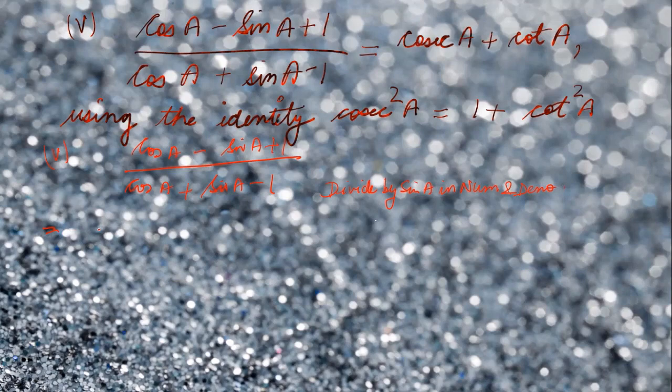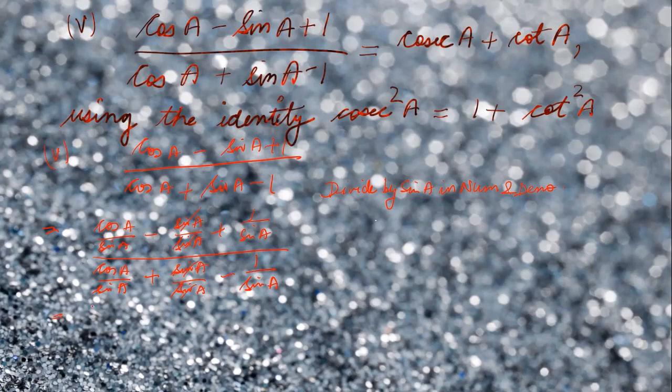So it will be cos A upon sin A minus sin A upon sin A plus 1 upon sin A, divided by cos A upon sin A plus sin A upon sin A minus 1 upon sin A. So this will be 1.